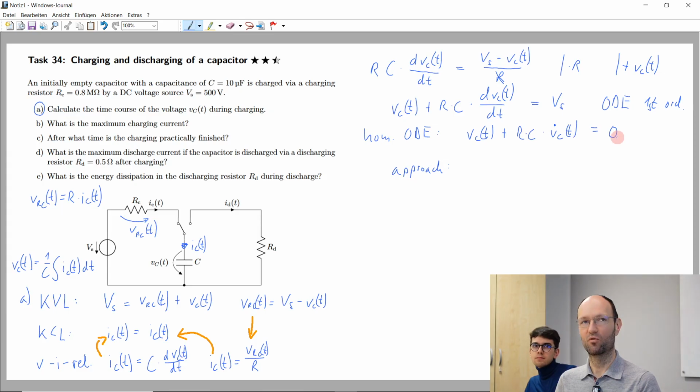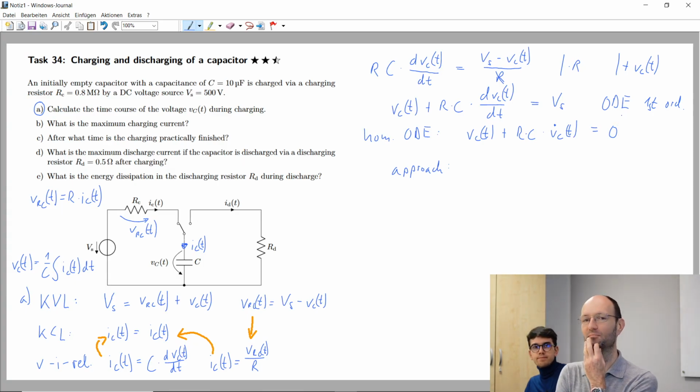And this, of course, can only happen if the function itself and the first time derivative of the function are somehow equal. Because otherwise, both together cannot always be 0 for any instant of time. So we need to find a function where the function itself and the first time derivative are somehow equal, so that they can always sum to 0.